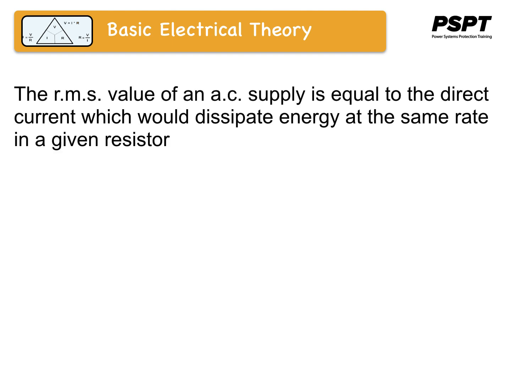And the RMS value for an AC supply is equal to the direct current which would dissipate energy at the same rate in a given resistor or light bulb or circuit.